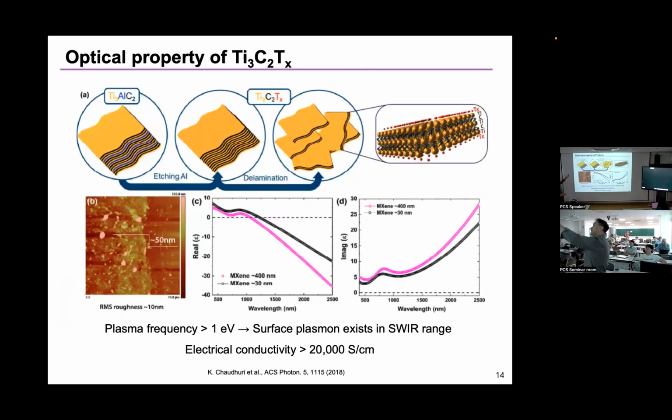So here, if we measure the permittivity of this 2D MXene structure, we clearly see that the plasma frequency, which means the real epsilon equals 0, is located in the SWIR or NIR region. That means that the MXene shows a very high electron density. This is a very interesting property compared to other 2D materials.